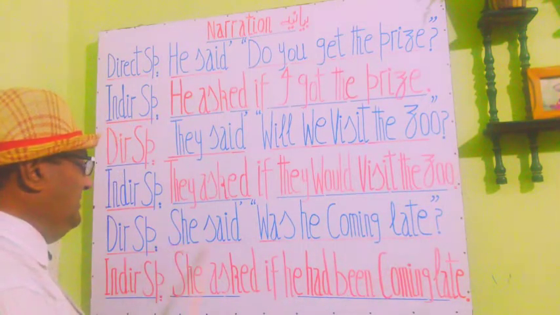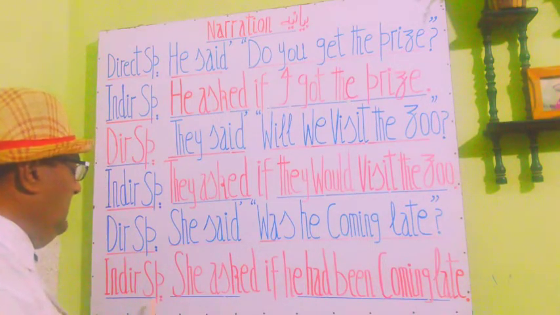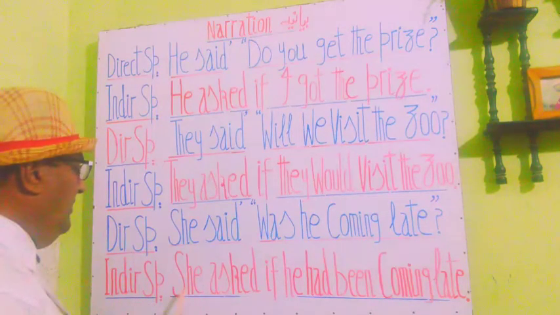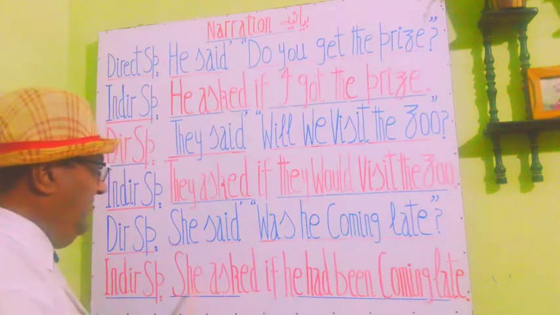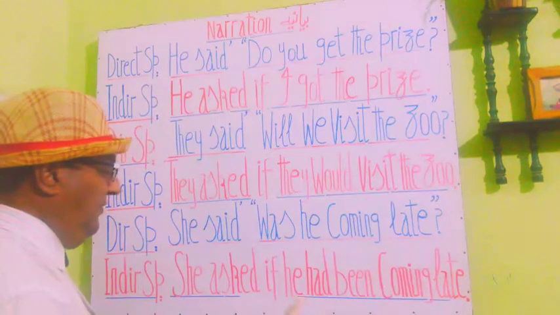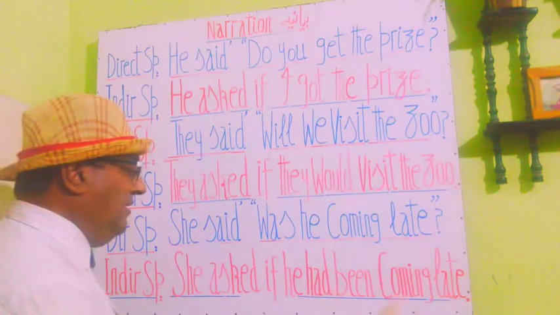This is a direct speech statement in two parts. Let's see its change in indirect speech: she asked if he had been coming late.